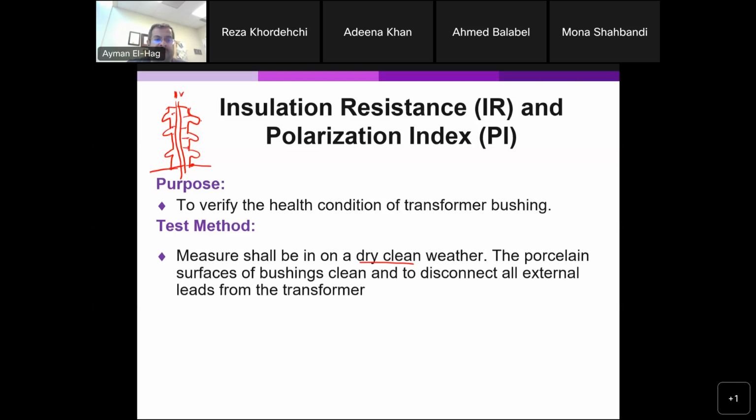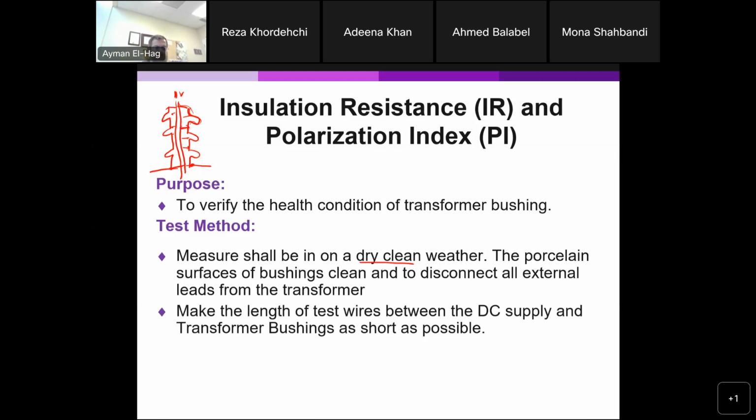However, if the surface is moist, then you start to have a current on the surface and you would be misled, okay? And hence, the surface has to be dry, it has to be clean, so that you will not have any surface current, and you will have only bulk current to be able to measure the quality of the insulation of the bushing.